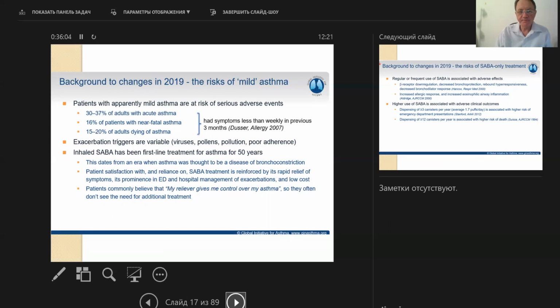Also there are changes in GINA concerning inhaled short-acting beta agonist. Inhaled SABA has been first-line treatment for asthma for 40 years.